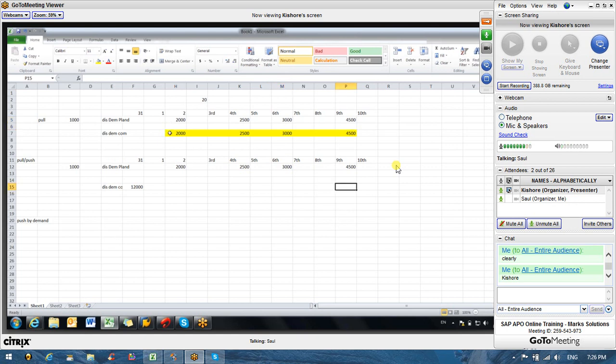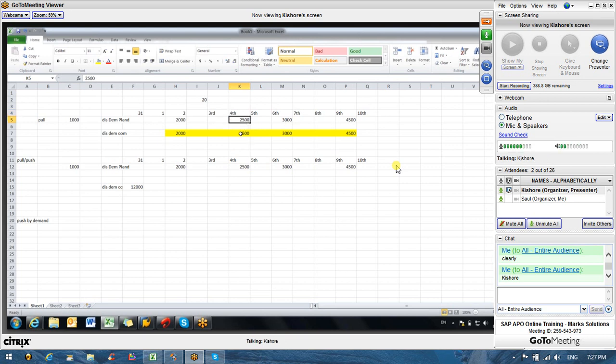What is the understanding that I should get from this explanation about the first, pull and push? Pull, sorry. So here, the pull will try to confirm the same days of demand. Here you have a demand on the second, so it will try to confirm on the second day only. It will tell the ship-to party we are going to send the goods on the second, and 2500 quantity on the fourth, because you have a demand on the fourth only.